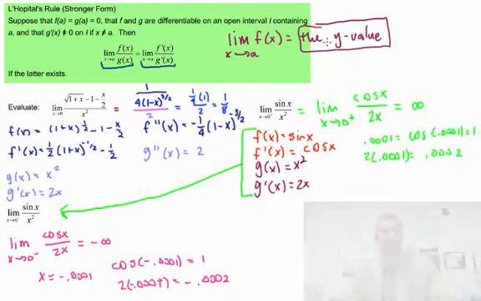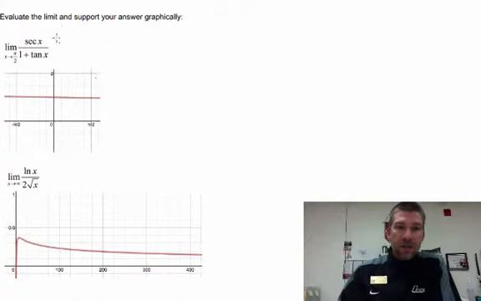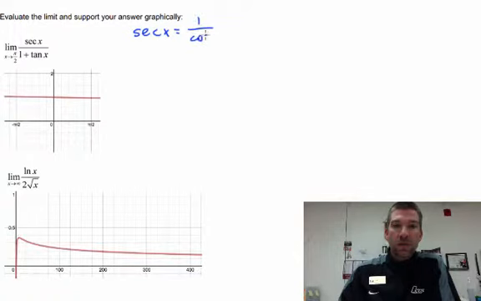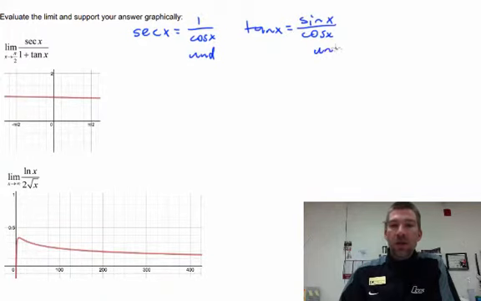All right? Here's another opportunity to investigate L'Hopital's Rule. And some things to remember are that the secant of x is equal to 1 over cosine x, and the tangent of x is equal to sine over cosine x. And here's the deal. The cosine of x is undefined, and the tangent of x is undefined when x equals pi over 2.